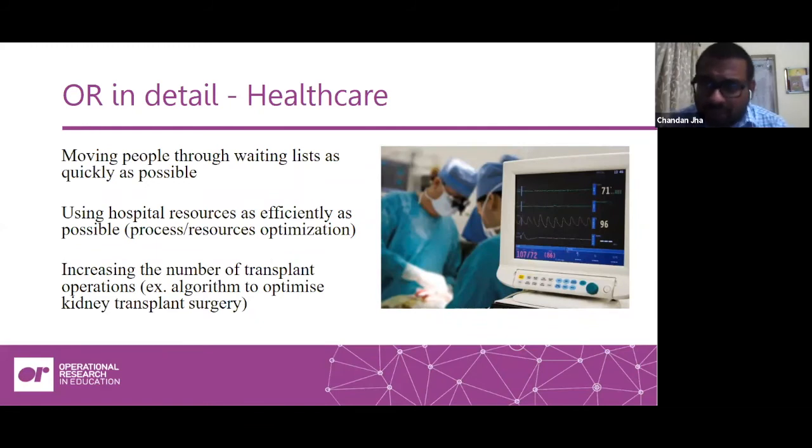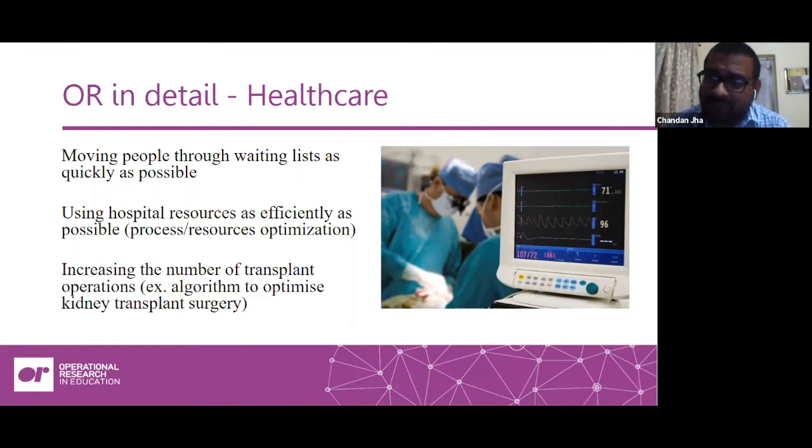Then process versus resource optimization. There are two things. One is your entire healthcare operations, the process, and another thing is resources. Generally when we talk about optimization, profit maximization or revenue maximization, this comes with some constraints. So what are the constraints?